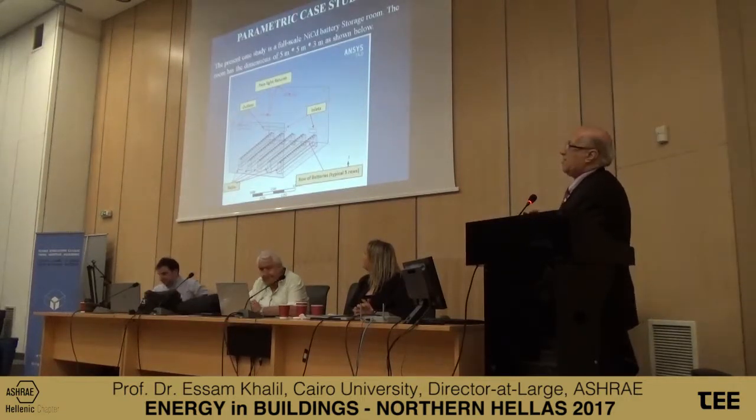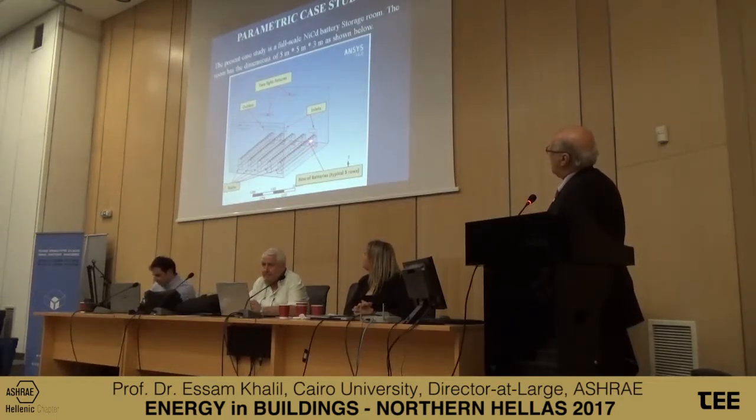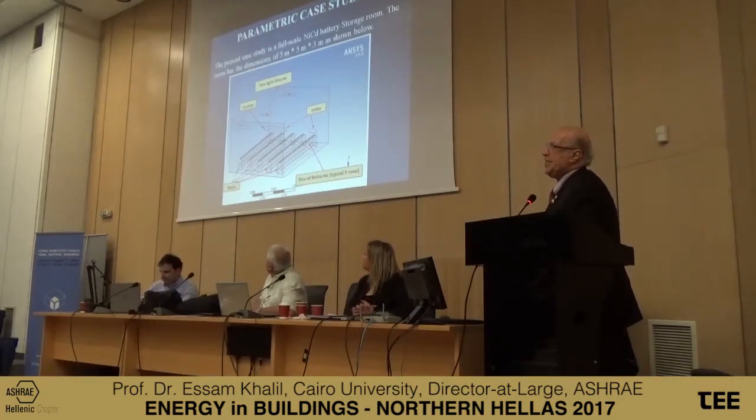Now let us go directly to the case we are simulating. In this case, we have racks of batteries, typical batteries like your car battery, and these are typically used when you are having UPS and power supply in a place where you don't want the electricity to be cut, usually in IT rooms and things like that.